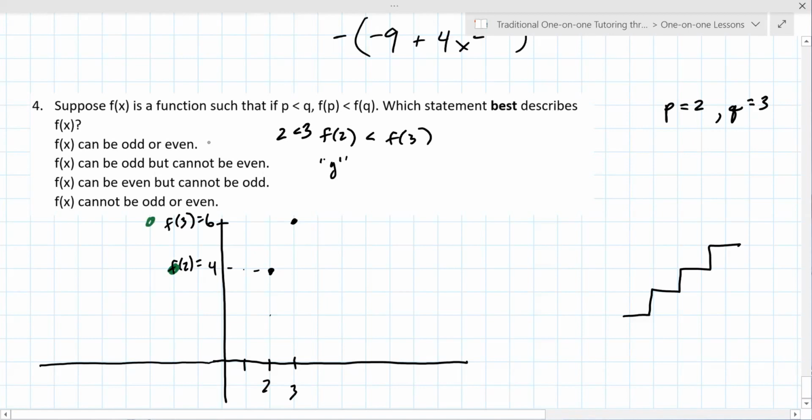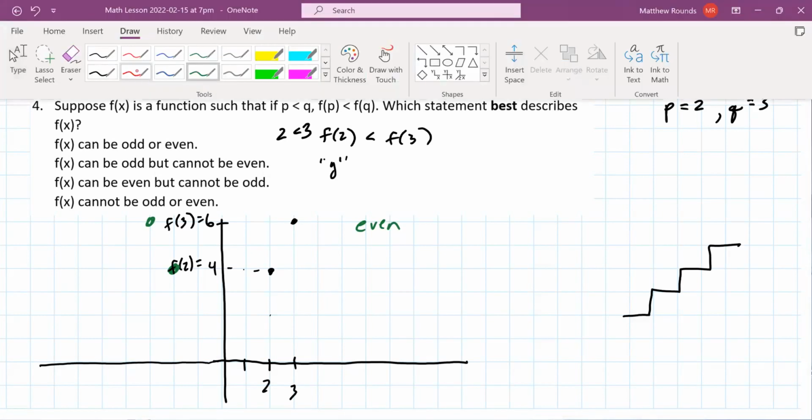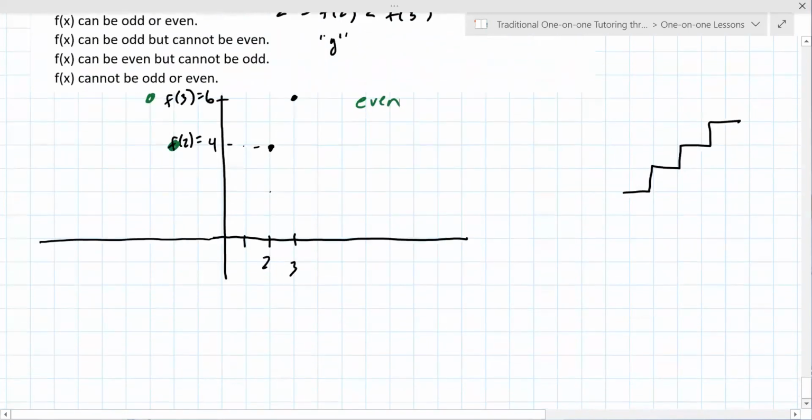If that were true, that would make it even. But if it were odd, then the points would rotate this time. So they end up being, let me get these in the right spot, one there and one there, and that's odd.